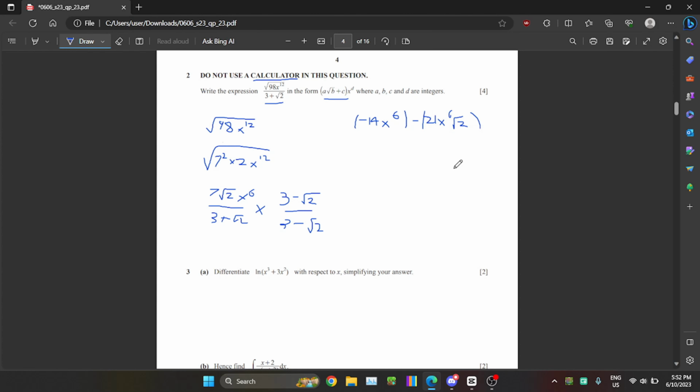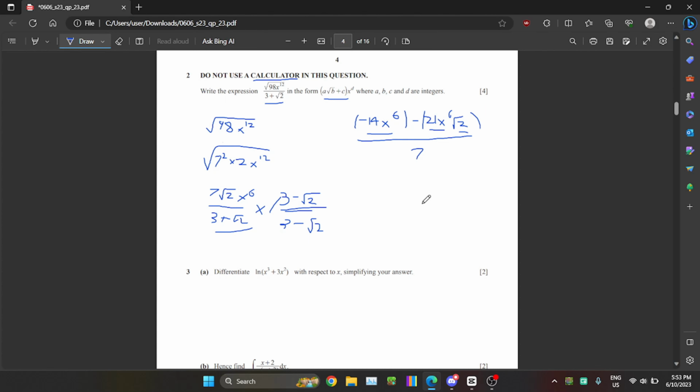Now a lot of people get it mixed up, a lot of my friends, especially those idiots, they think these are 3 terms, but actually these 2 terms here are one thing. So there's only 2 things on the top. Then it should just be over 7, because when you multiply this with this, it gives 7.